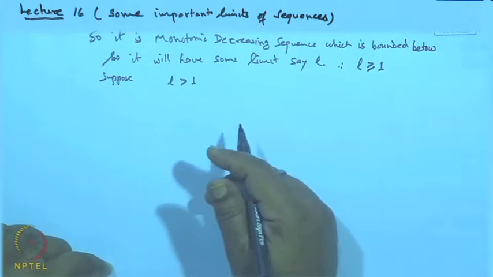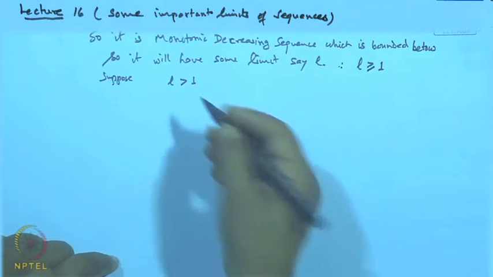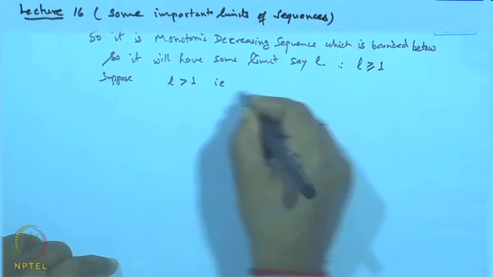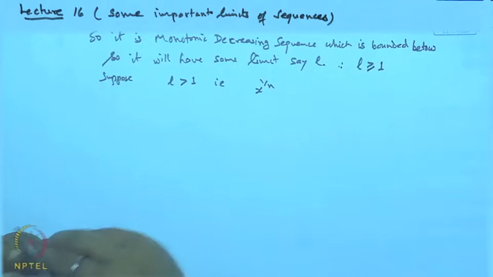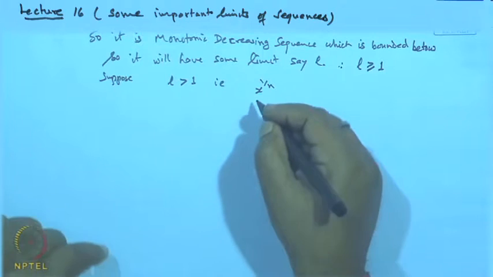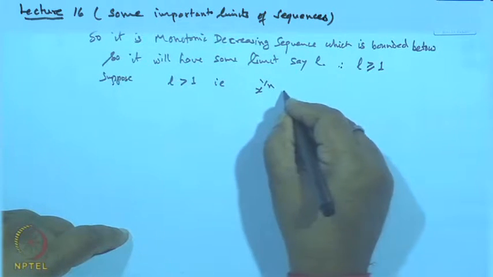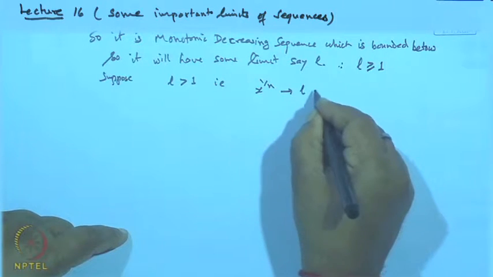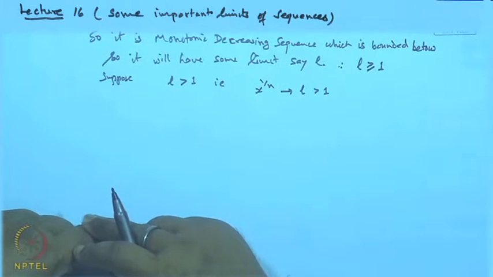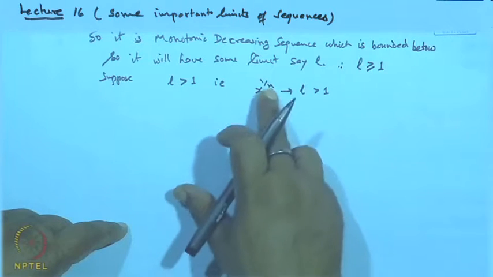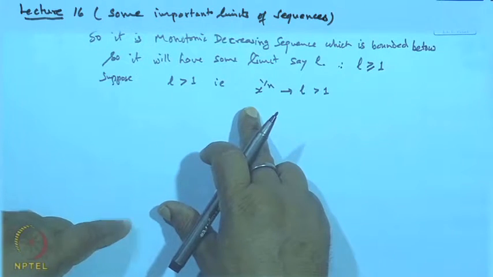Suppose we say, okay, then what happens? The limit of x to the power 1 by n as n tends to infinity is L, which is greater than 1. That is only possible when x to the power 1 by n is strictly greater than 1 for all n.